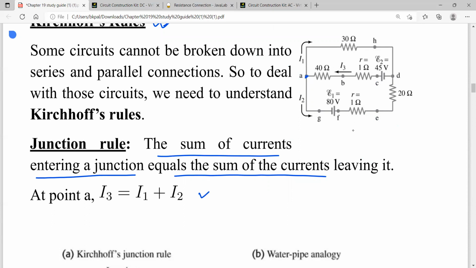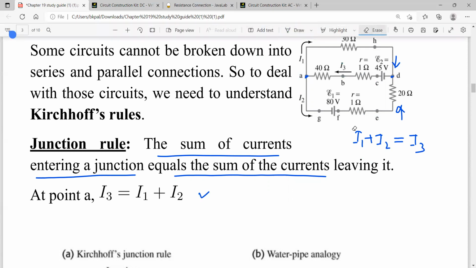And here, if you think about this junction, you see that I1 is entering, I2 is entering, and I3 is leaving. So here it will be again I1 plus I2 equal to I3.